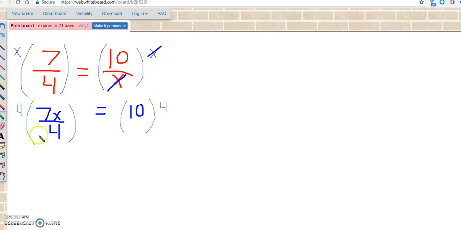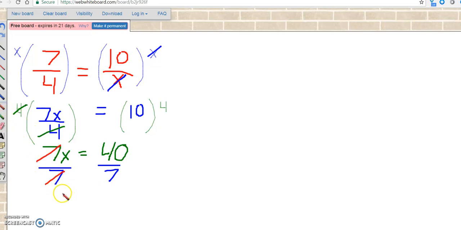Okay, these two 4's will cancel out and give us a 7x on this side, and this will give us a 40. Now we need to divide each side by 7 so that we end up with an x on this side and some number on the other side.